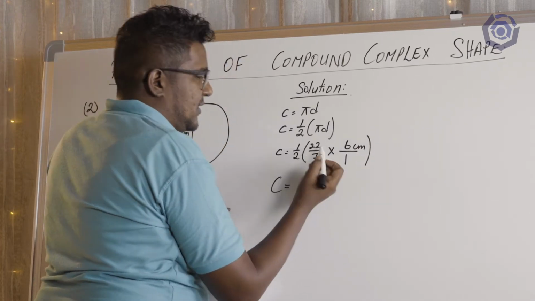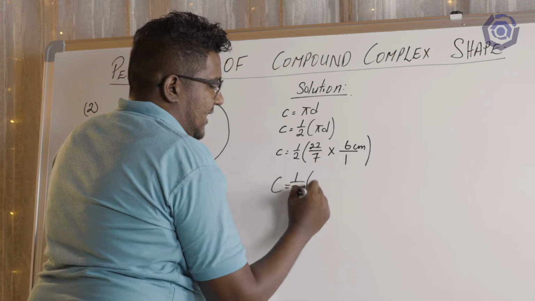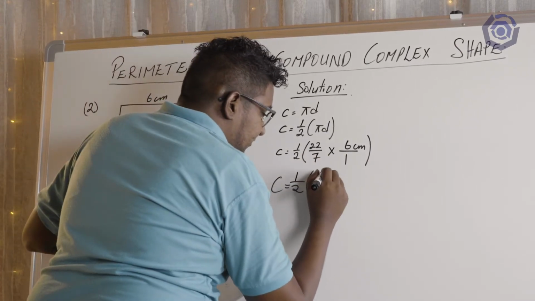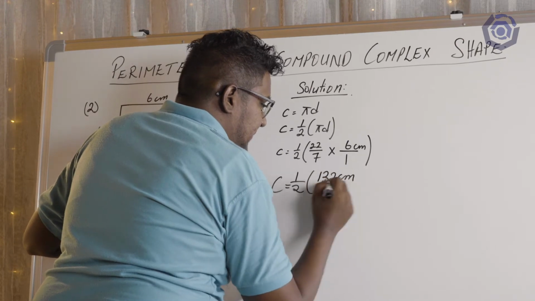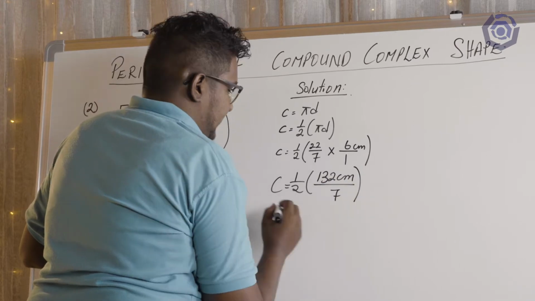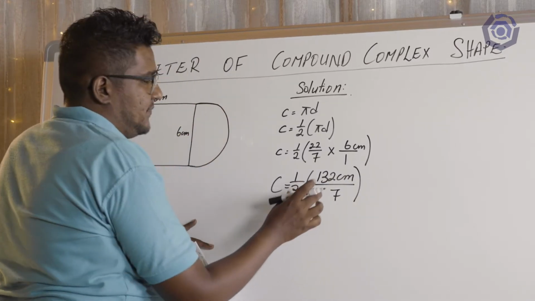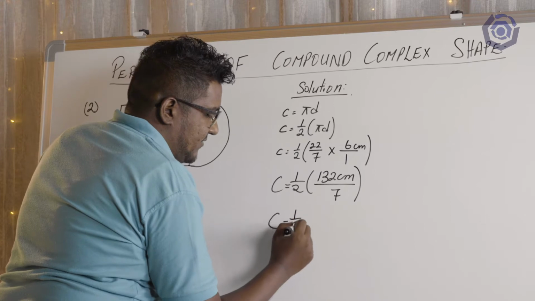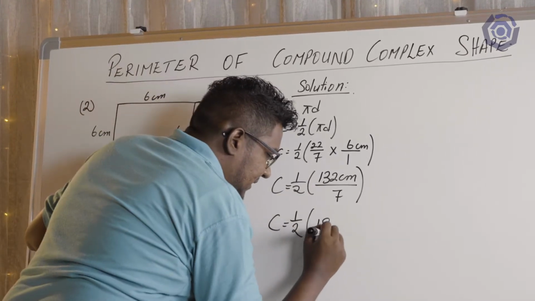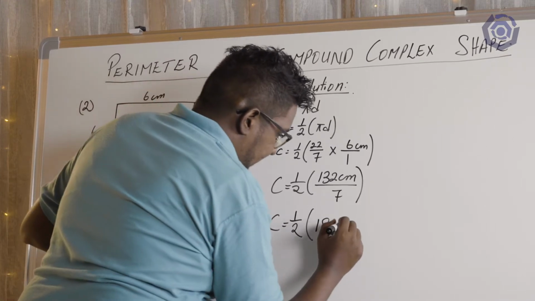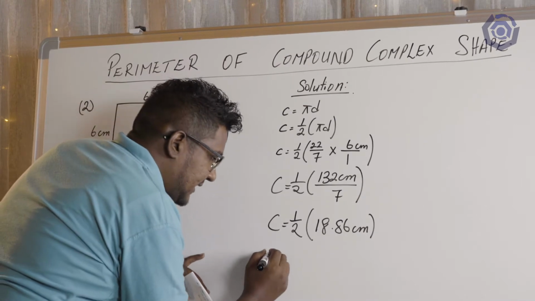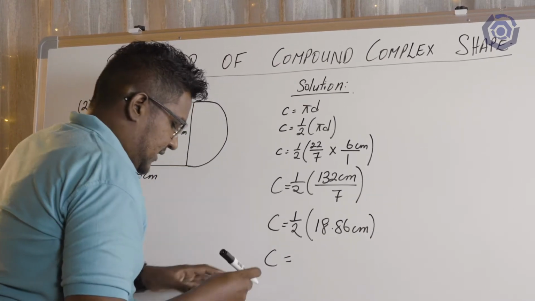So c is equal to, I multiply my numerators, which would be 22 times 6, and that's going to give me 132 cm divided by 7 times 1, which is going to give me 7. C is equal to, I divide, so I have a half of 132 divided by 7, that's going to give me 18.86 cm.